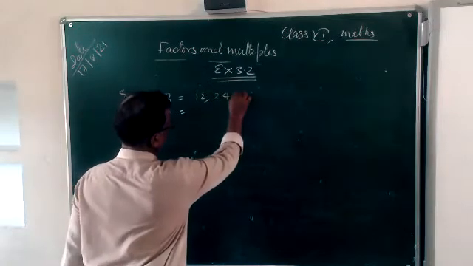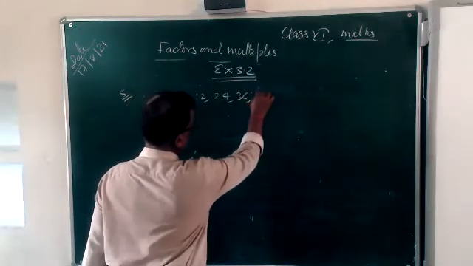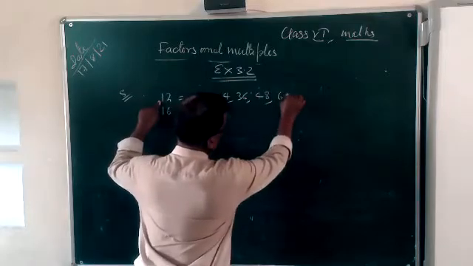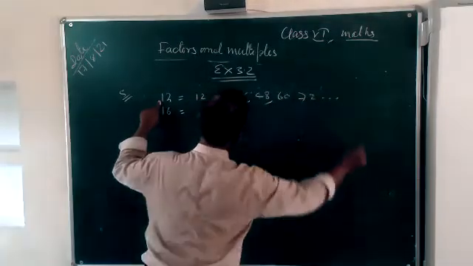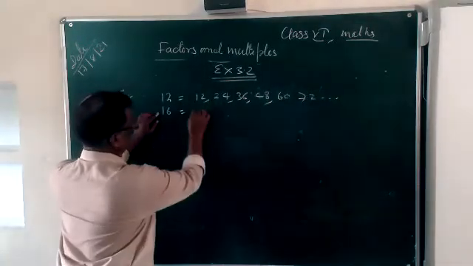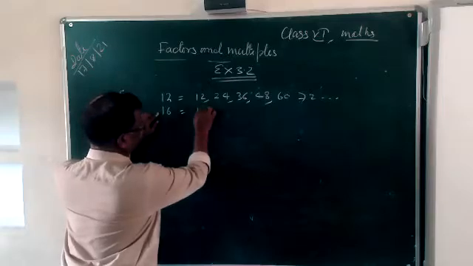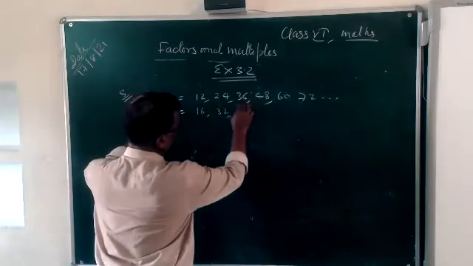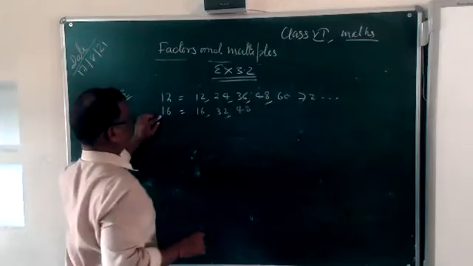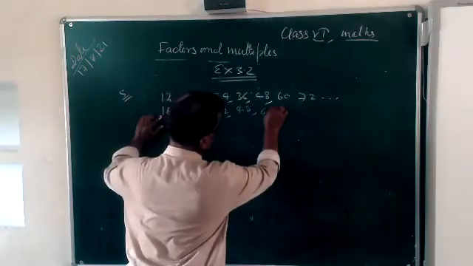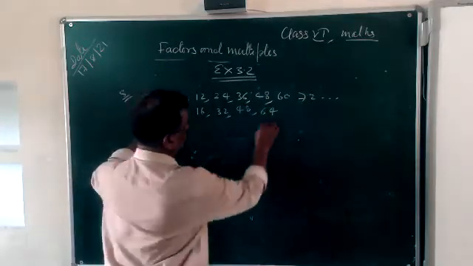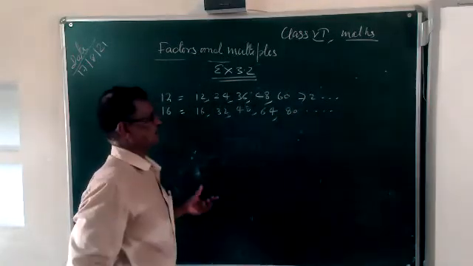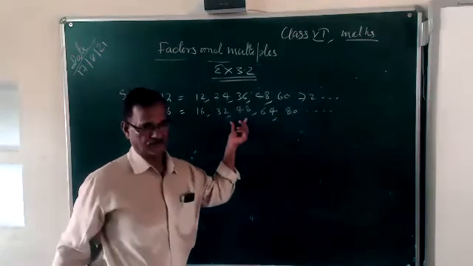12, 24, 36, 48, 60, 72, etc. Here is 16, 32, 48, 64, 80, etc. You get the first common multiple.